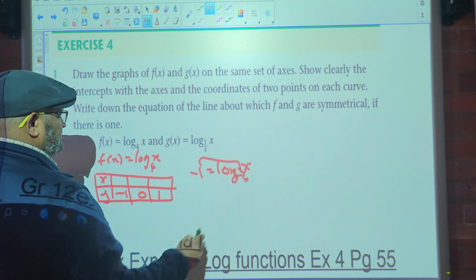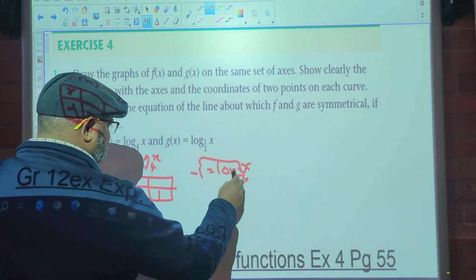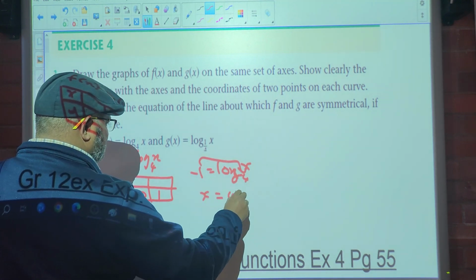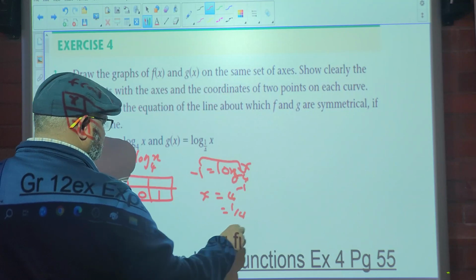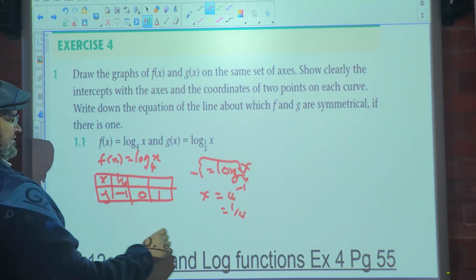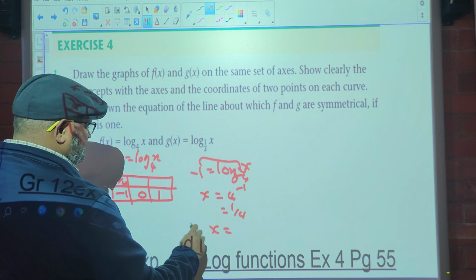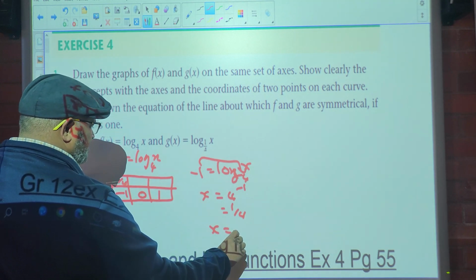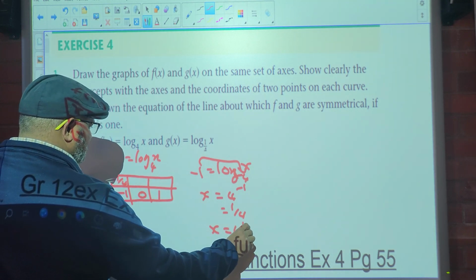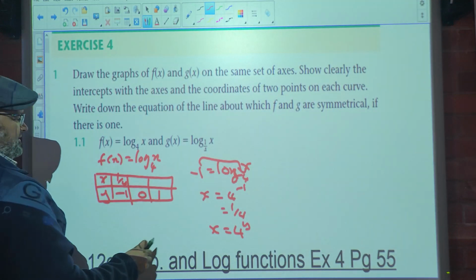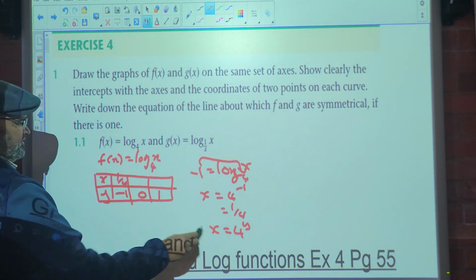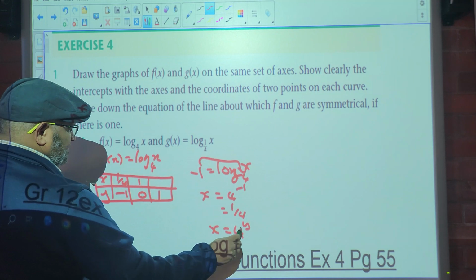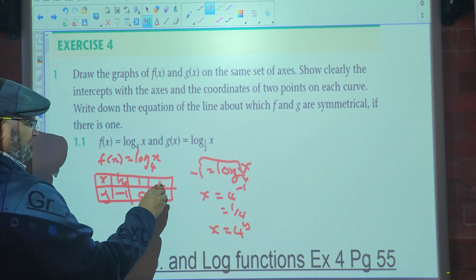You change that to exponential. So x is equal to 4 to the negative 1, which is a quarter. Then if I put 0 in here, I'm going to get 1. If I put 1 in here, I'm going to get 4.